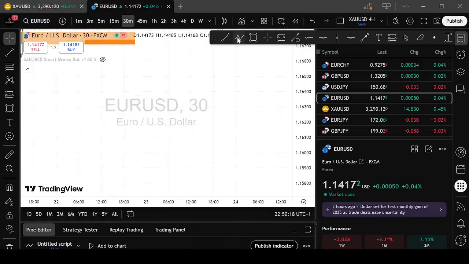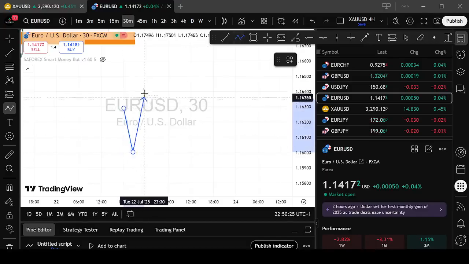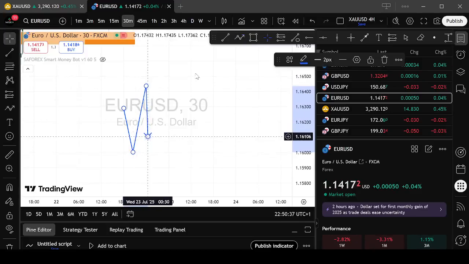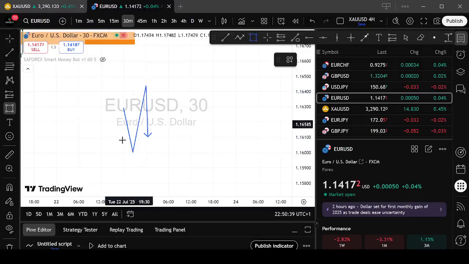When price is doing something like this, the last red candle before this impulsive buy movement, people used to mark it out as a zone. Let me just hold this there. People will mark it out as a zone like this. It will just be the last red candle like this.